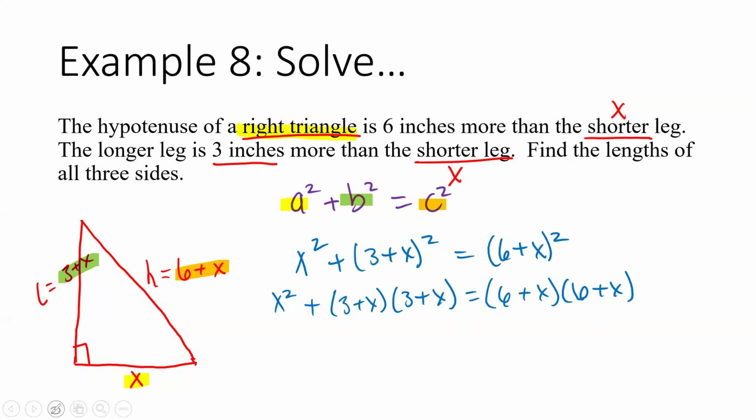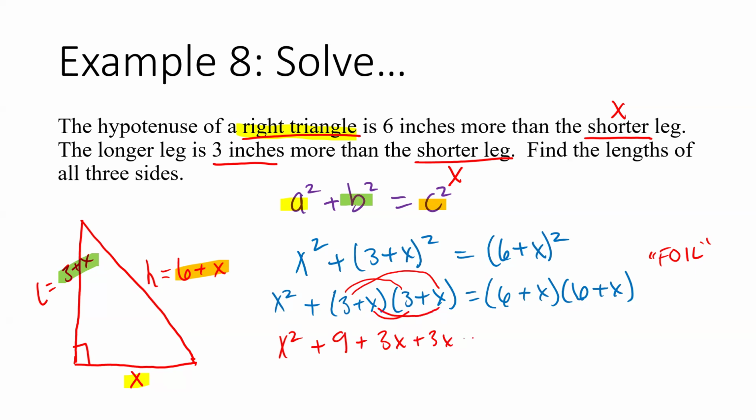And now we're going to go ahead and distribute. Distribution, aka time to FOIL, right? So we have X squared plus 3 times 3 is 3 times 3 is what? 9. Plus 3 times X. And then, so all I did was 3 times 3. 3 times X. Then the inside, X times 3 is 3X.